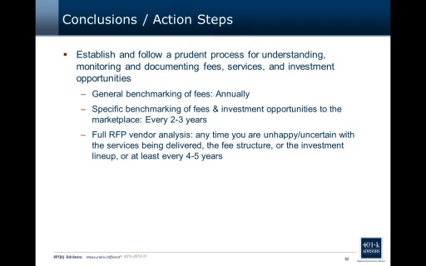With respect to a full vendor RFP, obviously anytime you're uncertain or unhappy with what's being delivered, with your fee structure, the lineup, you might consider looking at alternative providers. I'd say as a minimum every 5 years is something you should do. Go to the market, actually bring in providers and interview them.